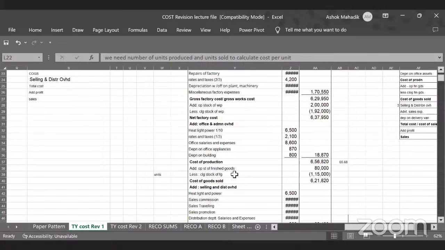We have less time because I have to cover one more chapter after this, reconciliation, because many students have asked for the reconciliation chapter, so I'll give more time to that. But as a base, you need to know what is cost. So I'll take you through 6-7 questions of cost sheet which have high chances of being in the paper.